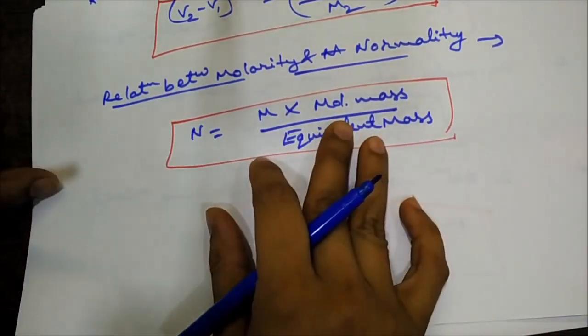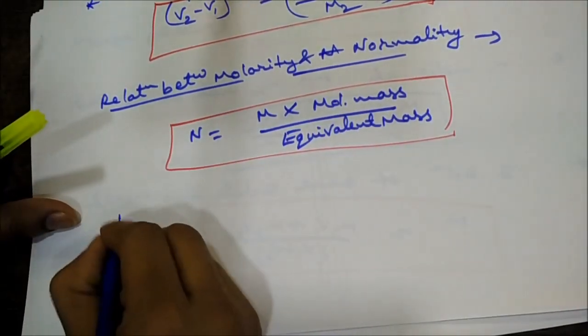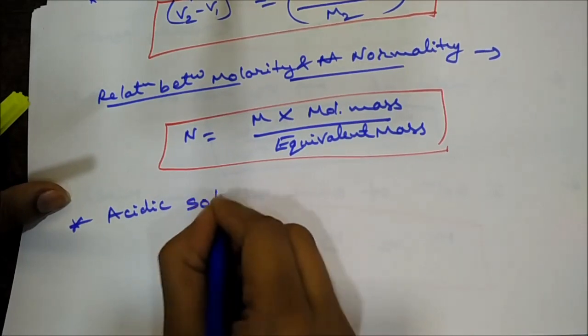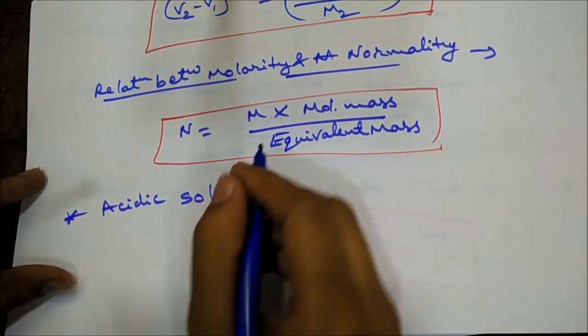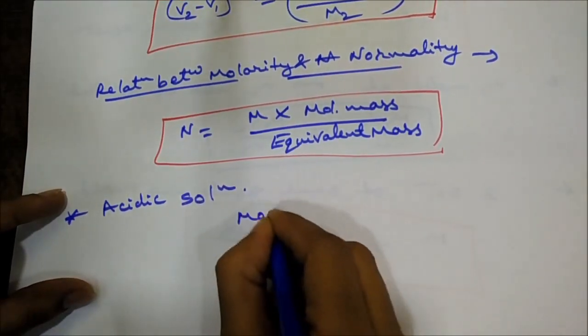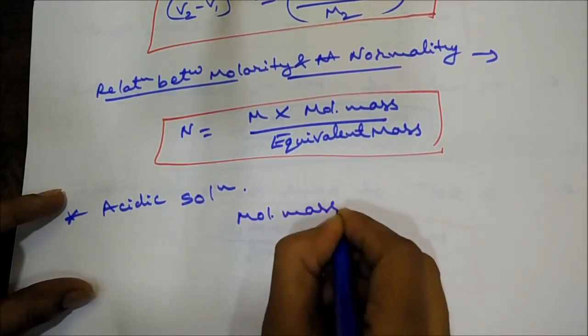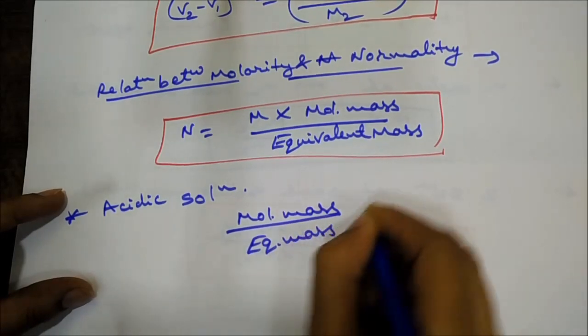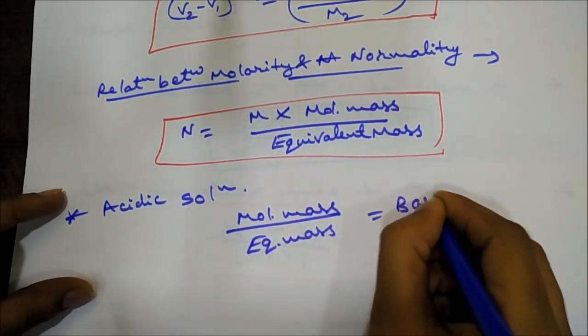For an acidic solution, molecular mass divided by equivalent mass is called its basicity.